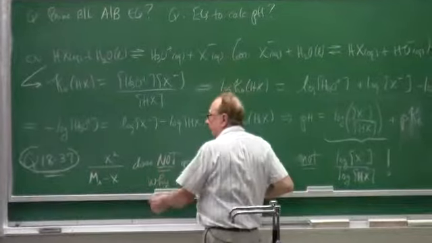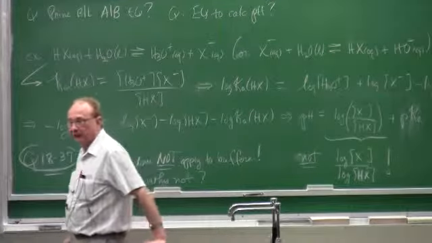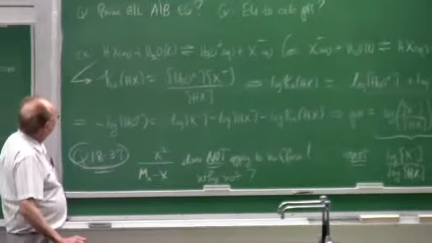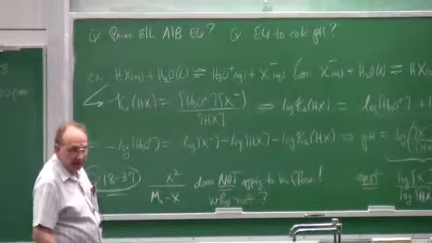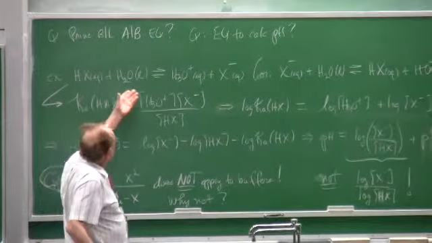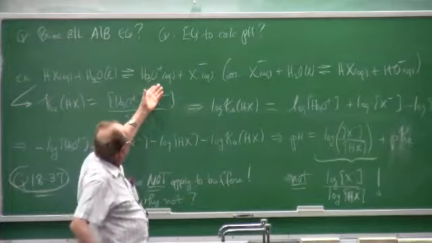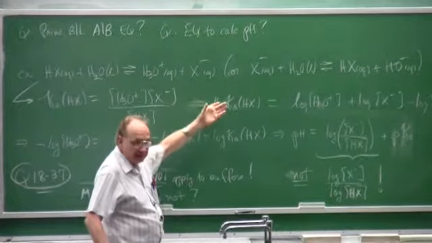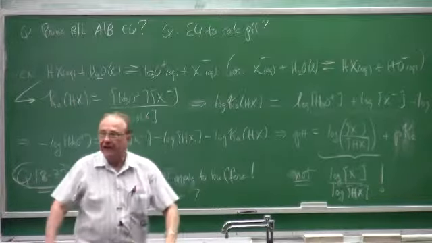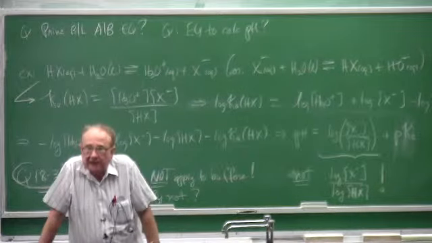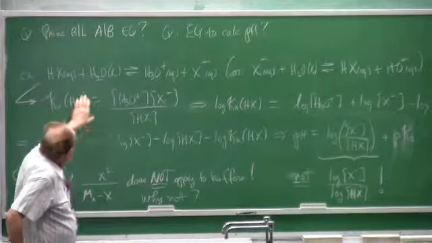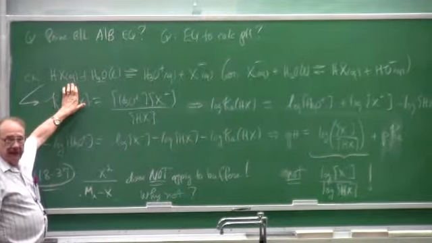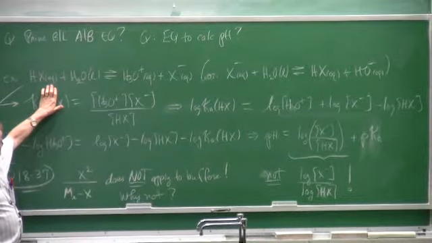Now then, a little bit of buffer arithmetic. Hypothetical acid HX, solution thereof reacts with water, equilibrium established with hydronium ion and X minus. So if I have an HX X minus buffer, I can use this equilibrium to get a handle on pH for that solution.